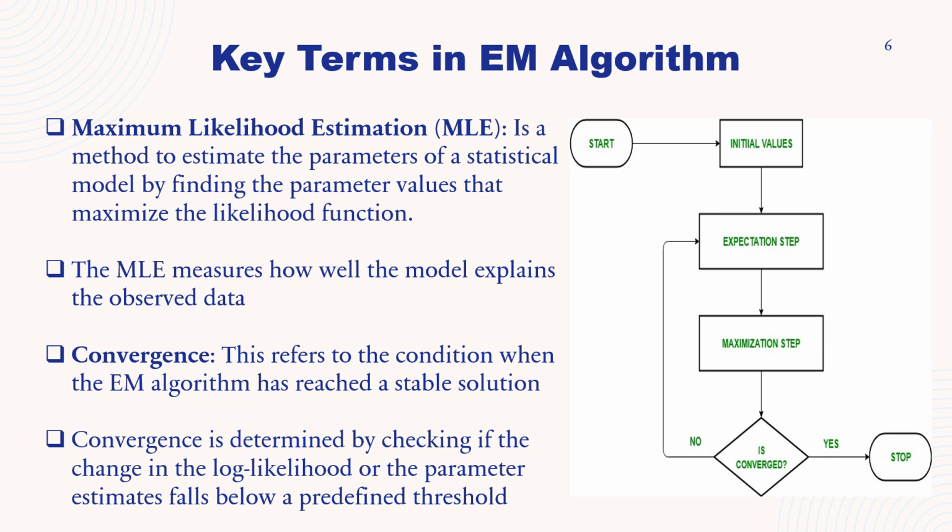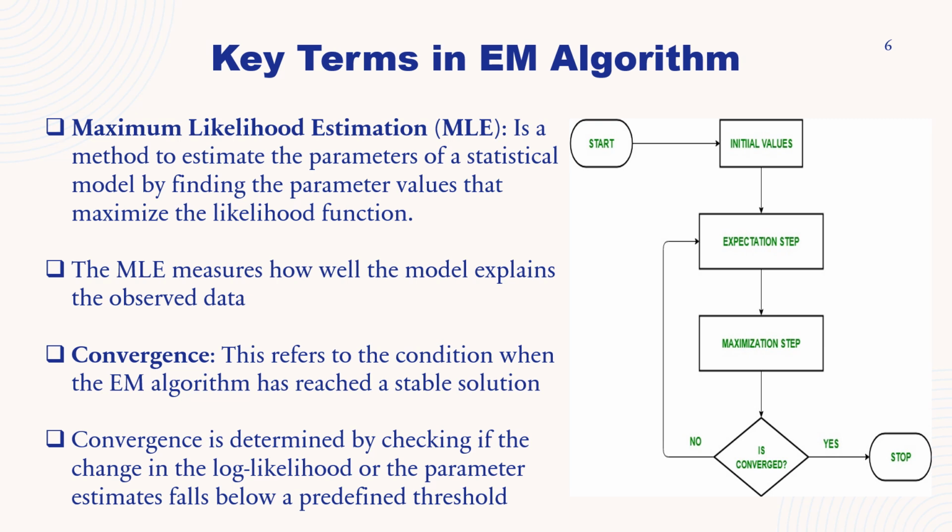Now, we know that our algorithm is supposed to converge, so we want to explain what convergence means. This refers to the condition when the EM algorithm has reached a stable solution. Convergence is determined by checking if the change in the log likelihood or the parameter estimates falls below a predefined threshold.